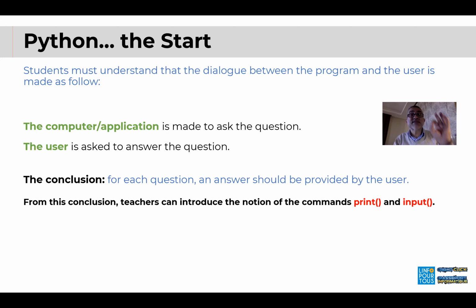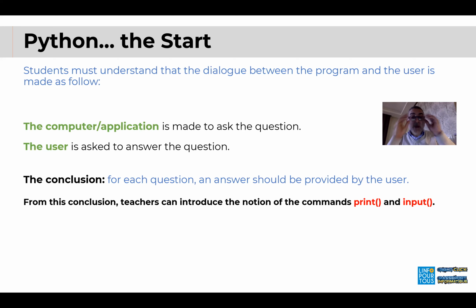And students must understand today that once they are learning a coding language, they are becoming programmers. And when they launch Python or any coding language, here is the point: they are playing the role of the programmer and the user at the same time.